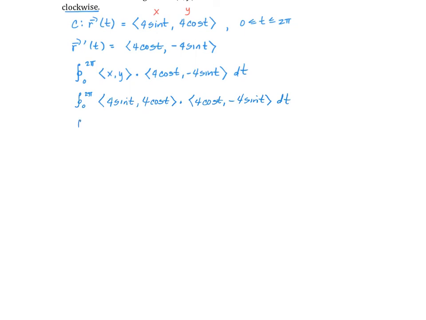Okay, this is going to be 16 sine cosine minus 16 sine cosine. Which is simply the integral of 0, and that's equal to 0.